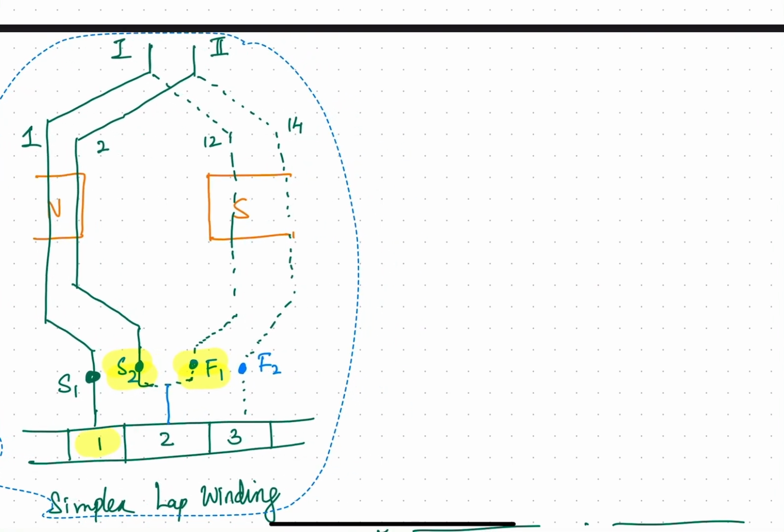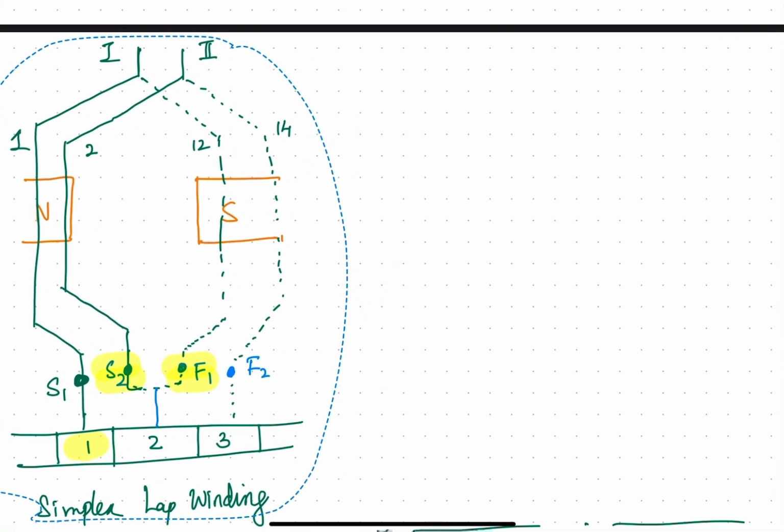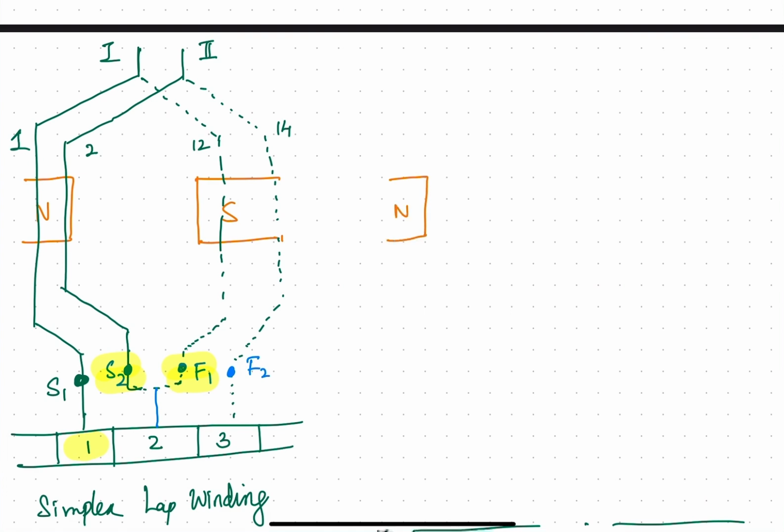Let me move this to the side so that I can have more space. So if I label this north pole here, then I have the south pole here, and then I again have the north pole like this. Okay, so what is going to happen in this case?